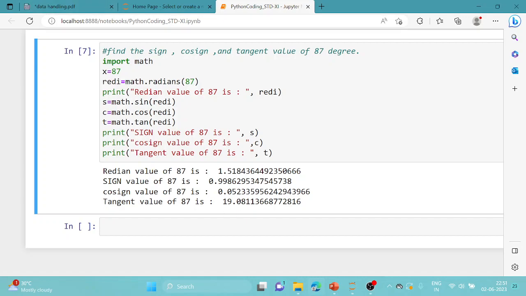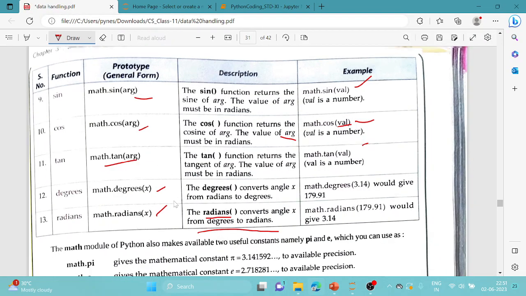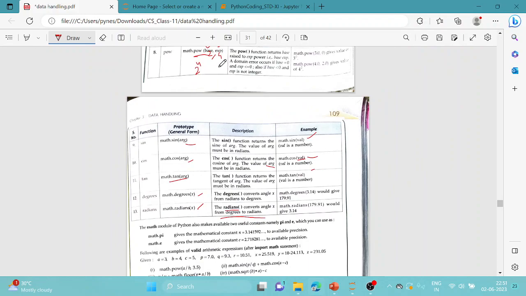Before going into this code, let me show you what functions we have here.